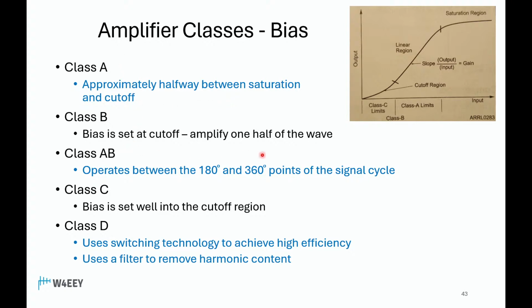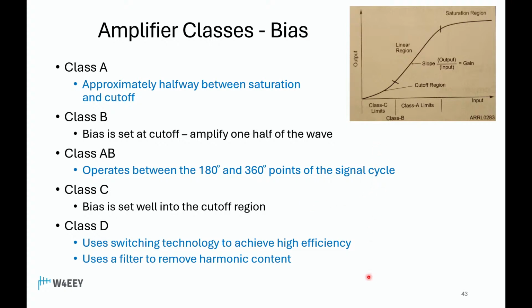Class B, bias is set at cutoff so that only 1/2 of the waveform is being amplified. Only, let's say, the positive going peak will cause the transistor to conduct. AB operates between 180 and 360. In Class C, bias is set well into the cutoff region.